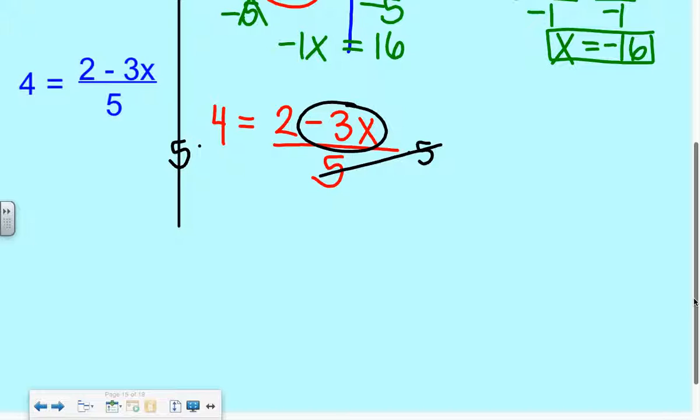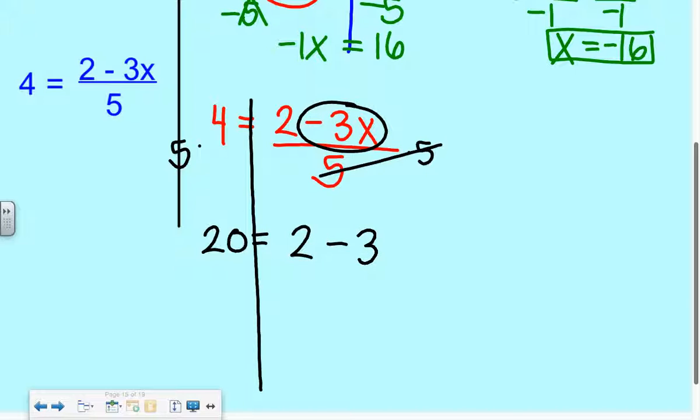So 4 times 5 is 20. Those 5s canceled, so then we're left with the 2 minus 3x. Now if I keep this negative 3x circled, I should be able to see that now I've got to get rid of the 2. Well, I get rid of the 2 by subtracting because it's a positive 2.